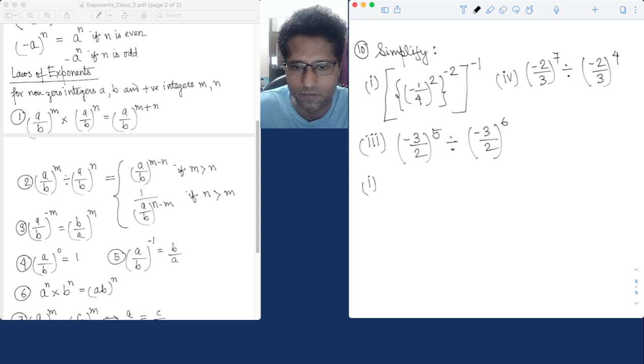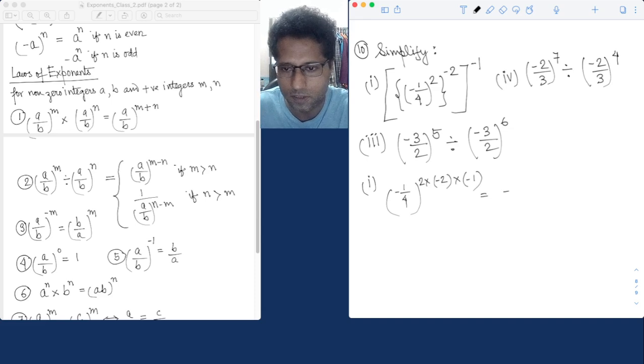This will be minus 1 by 4 raised to the power of the product of all the powers, that is 2 multiplied by minus 2 multiplied by minus 1. So this is minus 1 by 4 raised to the power 2 into minus 2 into minus 1 is 4.